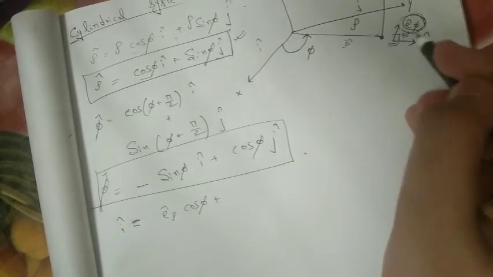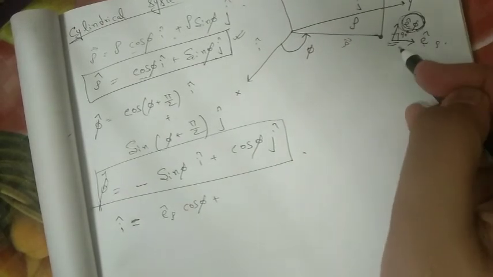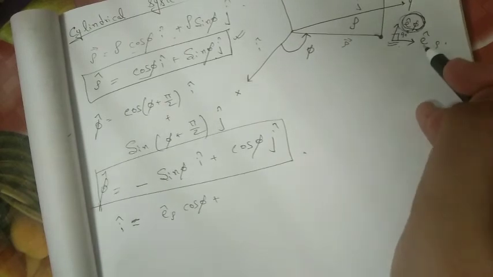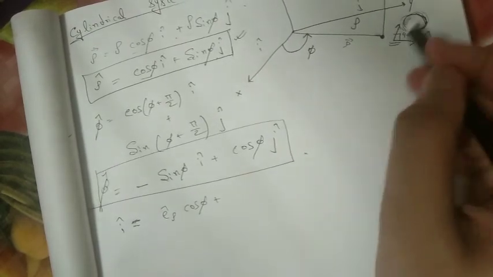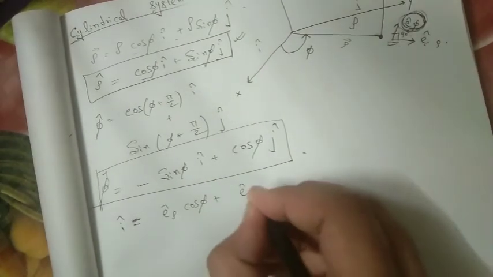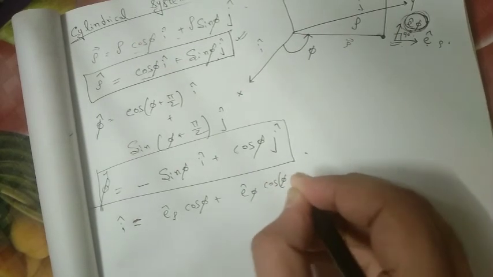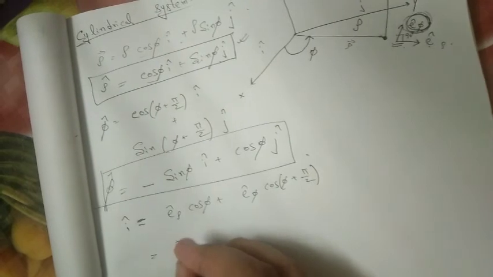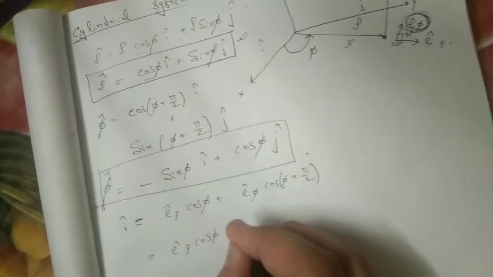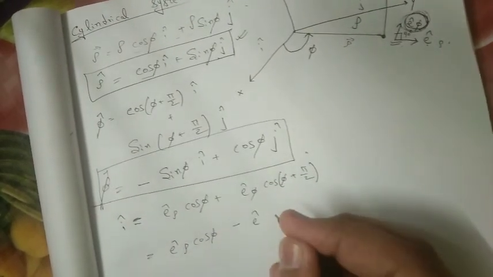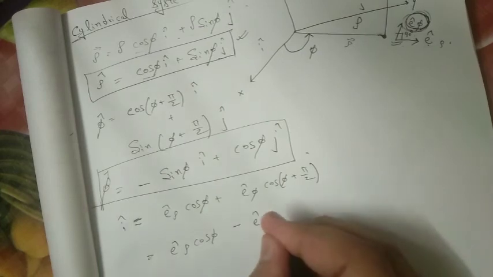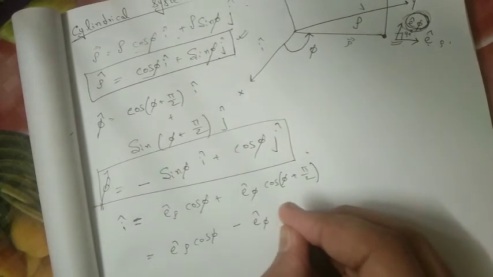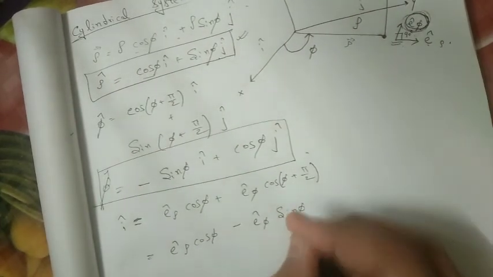And for phi cap we are just going to add 90 degrees to phi to get this relation. Obviously it is 90 degrees ahead. This is the final result in relation to i.